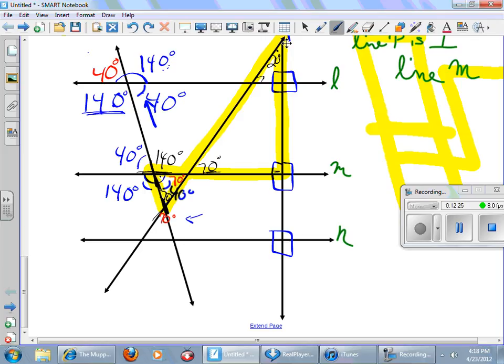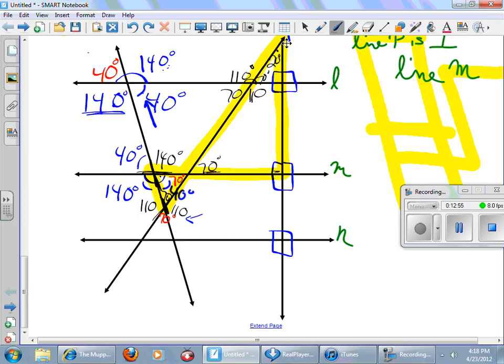This one here must be 70, and I can use a lot of different arguments to prove it. This one here must be 110 because I've got this straight angle going on 180 degrees. 110 here, 70 here. Those are all 90. Let me come down here. If this is 70, this is 110. This is 110 because of vertical.